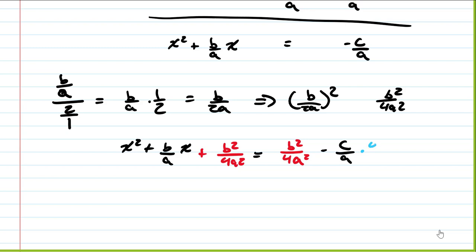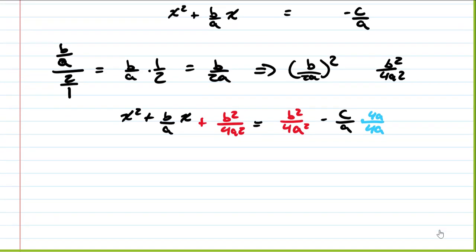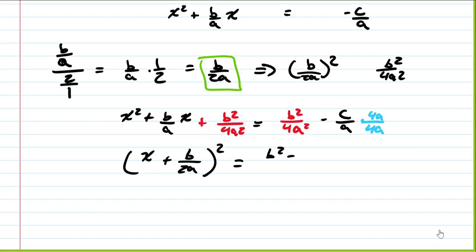So on the right side, he needed to multiply the top and the bottom of our second fraction by 4a. And then remember, this always factors into our b over 2a, which is this piece right here. So we're going to get x plus b over 2a squared is equal to b squared, c times 4a is 4ac all over 4a squared.